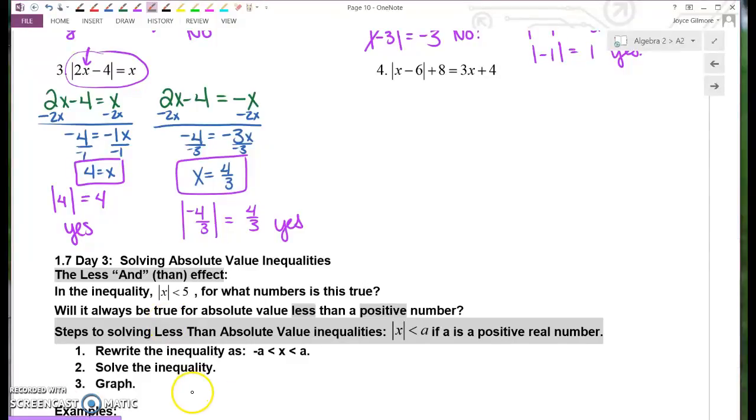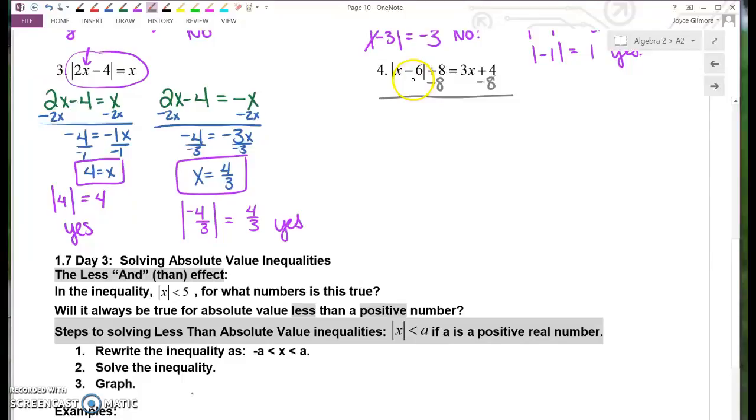In number 4, I want you to think about what we need to do before we set up 2 equations, because there's one step that needs to be done before we set up the 2 separate equations. Got to get the absolute value by itself. So our first step is to subtract 8 on both sides. Someone in another class said combine like terms.